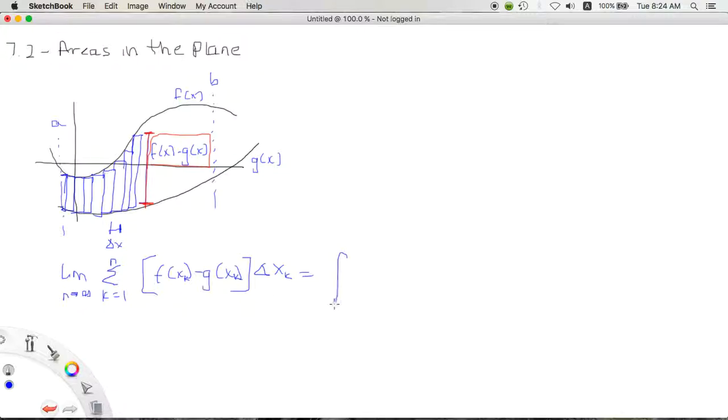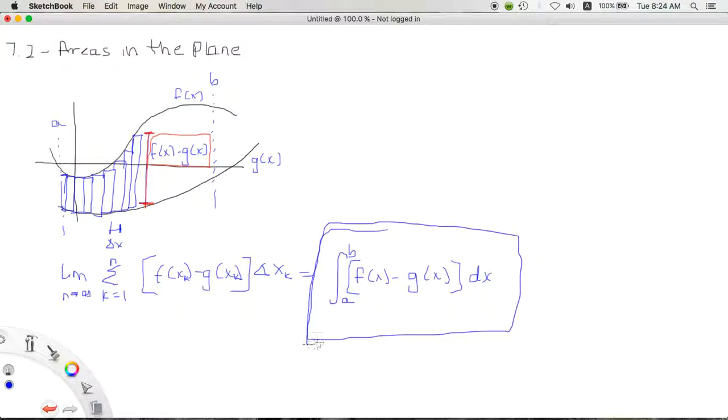So what we end up doing is we're taking an integral from a to b of the top function minus the bottom function with respect to x. And this gives us our area. So this is the area between curves. We take the top one minus the bottom one, and we integrate it over that function.